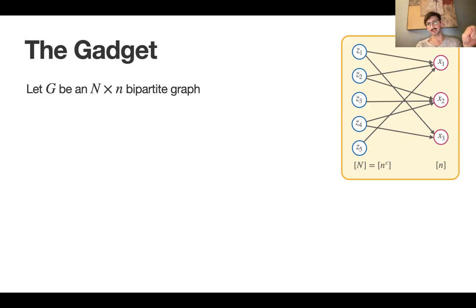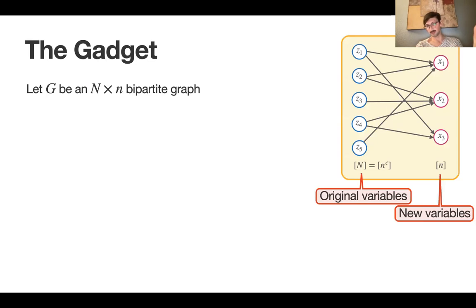And now there's an edge between one of the original variables to a new variable if the original variable is replaced after composing by an XOR involving that new variable. Okay, so this is basically just saying what I just said.